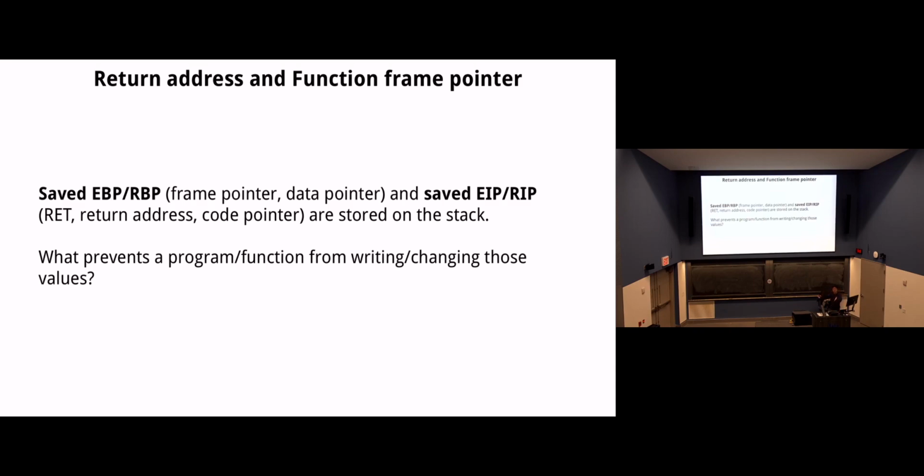It's also on the stack, right? By overwriting the frame pointer and stack pointer, we can indirectly change the return address. Today, we're not going to talk about that. It's a more advanced attack, a little bit more complicated. We'll talk about that maybe next week.